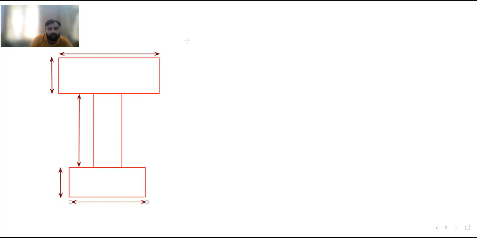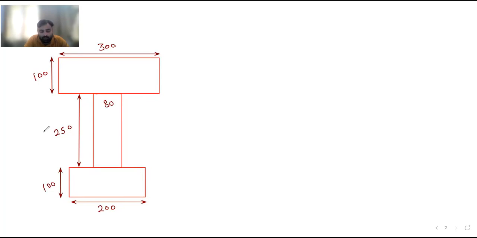So here I will write: this is 300 mm, then this is 100 mm, then this is 250 mm, again this is 100, this is 200, and here this is 80. This dimension is 80.